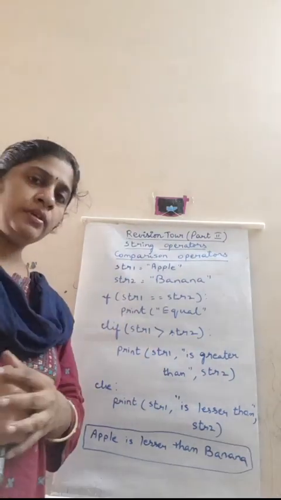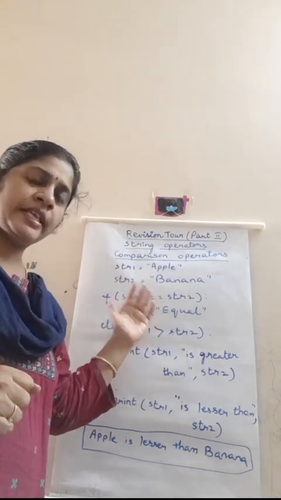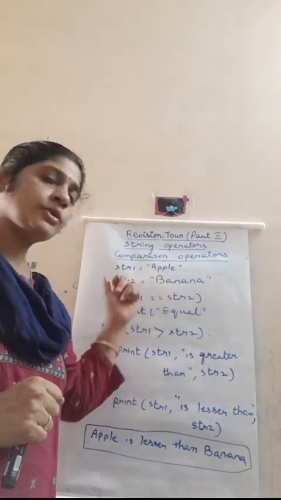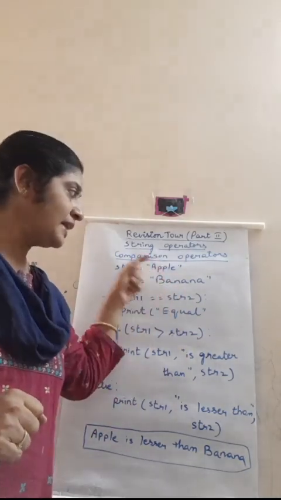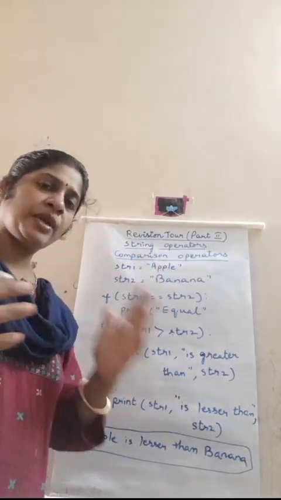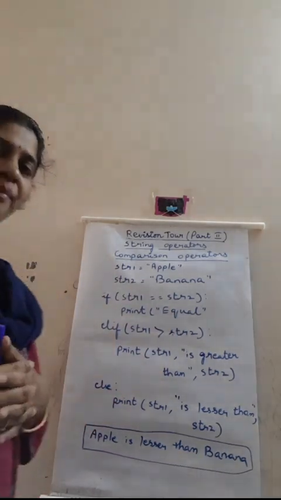So when you use comparison operators on strings, the unicodes are compared. If the first Unicode matches, it will go for the second character, and the unicodes of the second character would get compared.